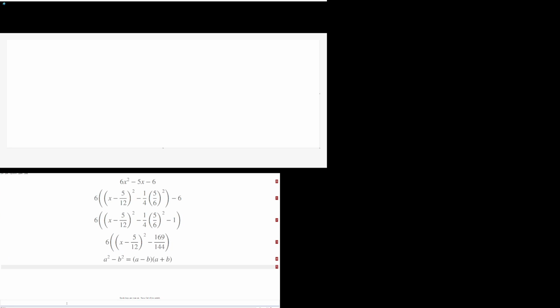Well, we've got our first term here, a, which is this first part, x minus 5 over 12 squared, and we've got our b squared, which is 169 over 144. But this isn't in square yet, so let's root this, right? The square root of 169 over 144 is 13 over 12, right? And that's our b term.